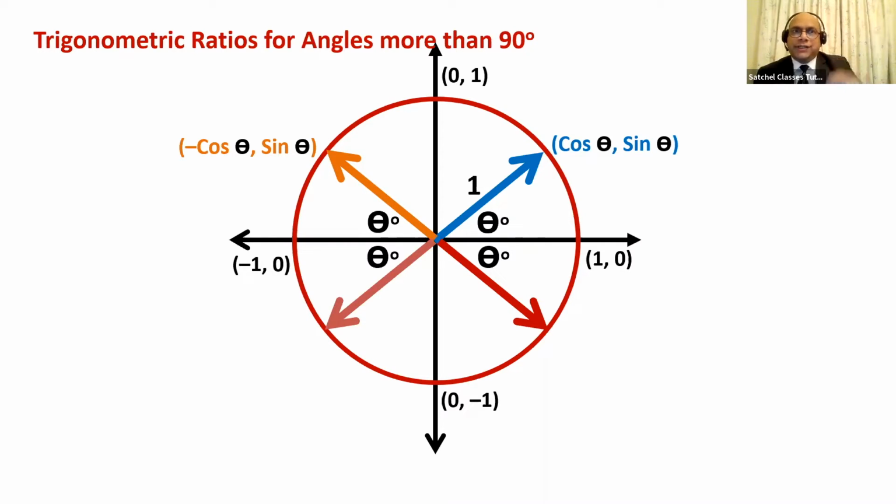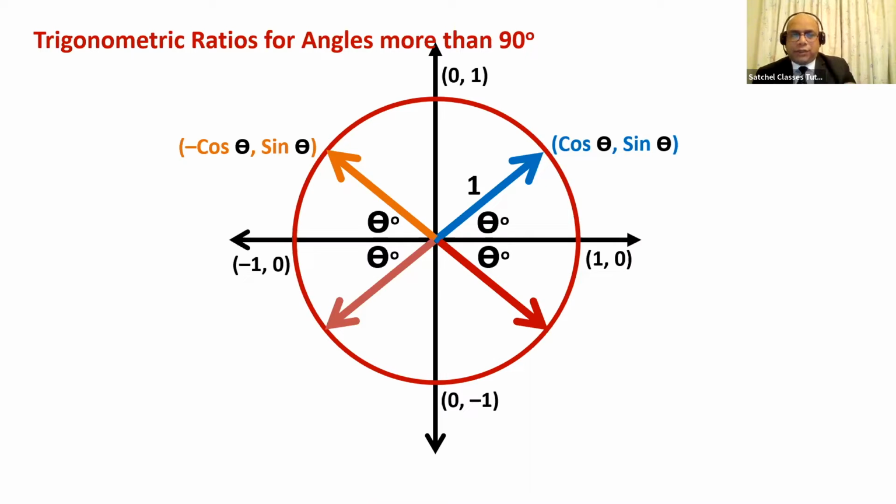The y coordinate is still positive, so it is still sine theta. So minus cos theta and sine theta. What about the coordinates of the point at the tip of the pink colored arrow, which is in the third quadrant? Well, as you can see, it is a reflection, right?